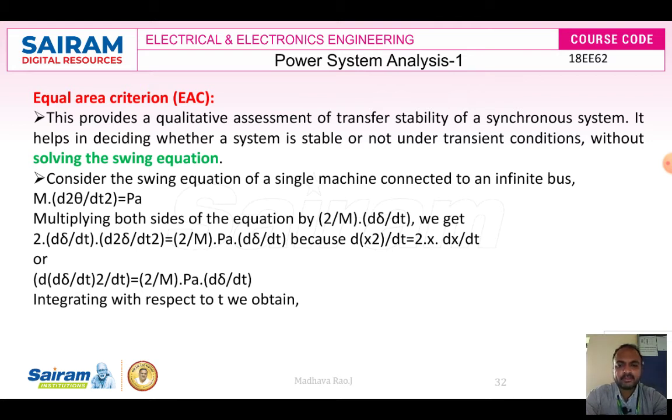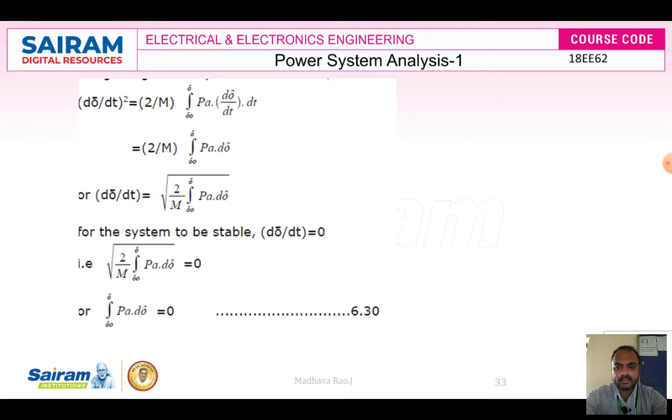Consider the swing equation, M d square delta by dt square is equal to PA, the accelerating power. Multiplying both sides by 2 by M into d delta by dt, we get an expression, and integrating both sides we get the equation.